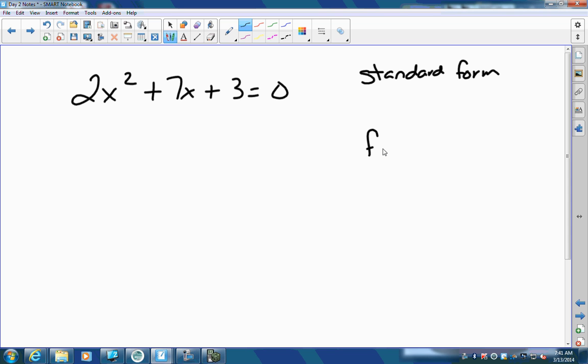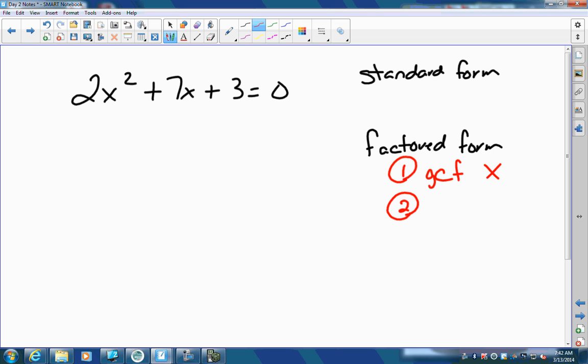The next thing we're going to do is find factored form. So in factored form, step 1, I need to factor out the GCF. Is there a GCF? 2. Does 2 go into 7? No, there's no GCF, so I don't have to do that.